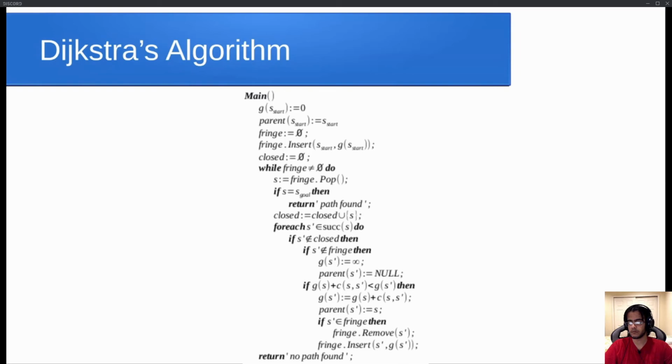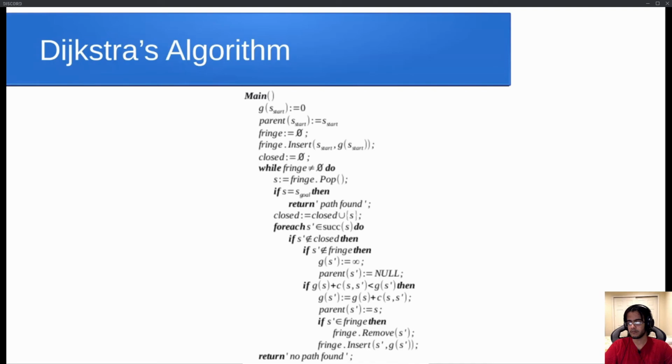Then we're going to set the cost to get to the child equal to the cost to get to the parent plus the cost of making that transition to the child. And then we're going to set the parent of that node to the one we just came from.